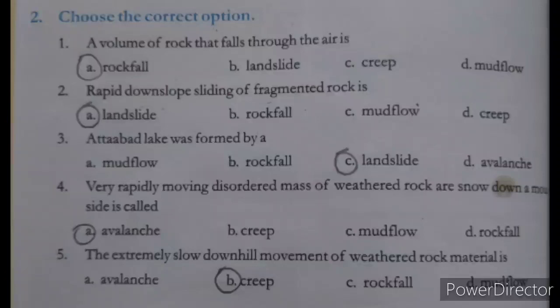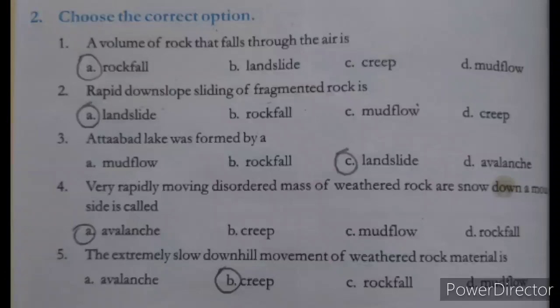Third one: Attabad Lake was formed by a mud flow, rockfall, landslide, avalanche. The correct option is landslide. Attabad Lake was formed by a landslide. Option C is the correct option.